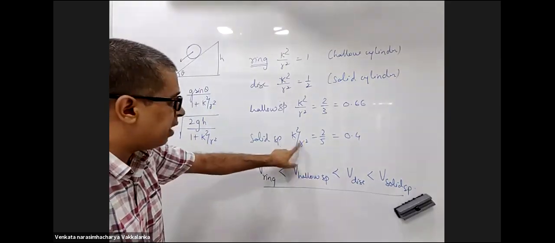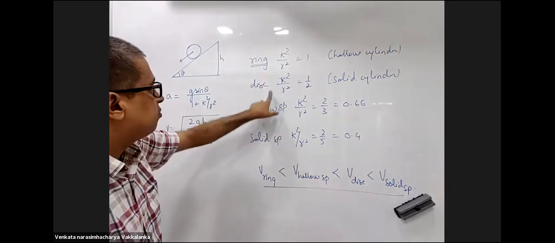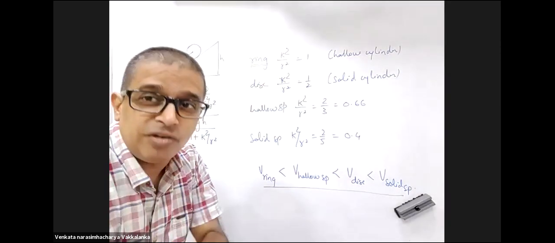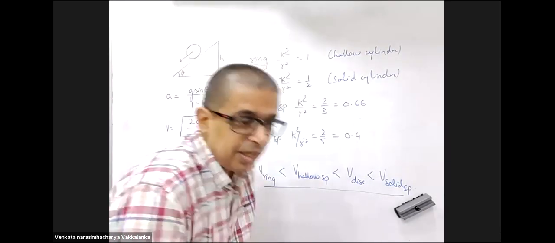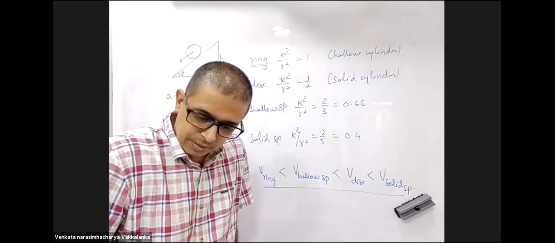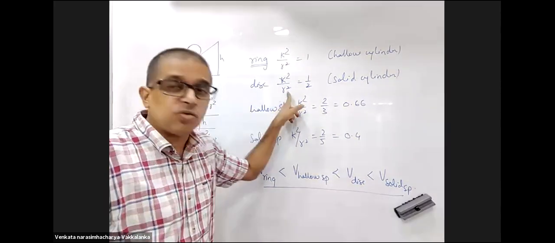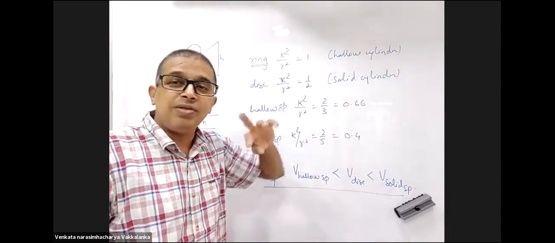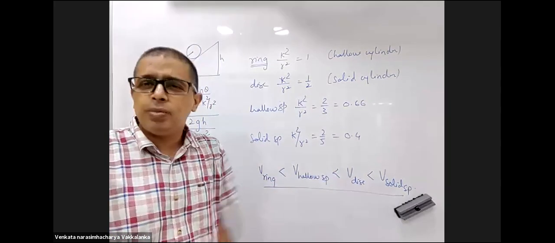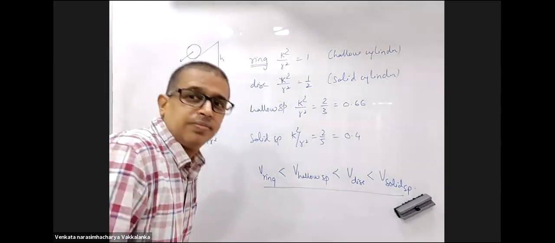K square by r square will be half for a disc only if it is uniformly distributed. So in that case, acceleration and velocity will depend on how the mass is distributed, right? It depends on k square by r square. Okay, sir. If the mass distribution changes, moment of inertia changes. Okay, sir. Thank you.